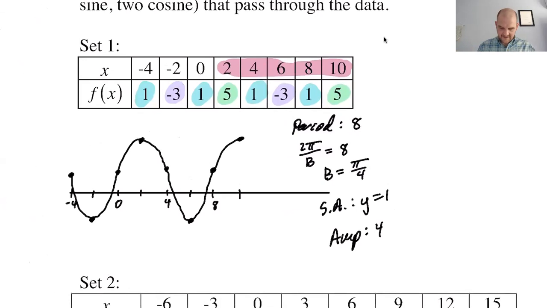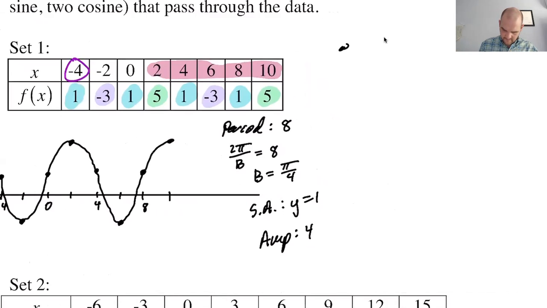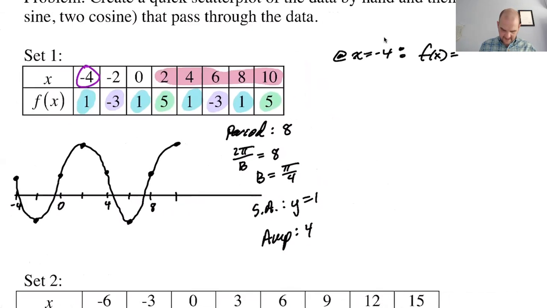I think when you're doing this, it makes the most sense to just start at the start. So I'm going to start at -4, say that's a negative sine graph. So let's see if we can do that. If I start at x equals -4, then my function f of x should be a negative sine graph.